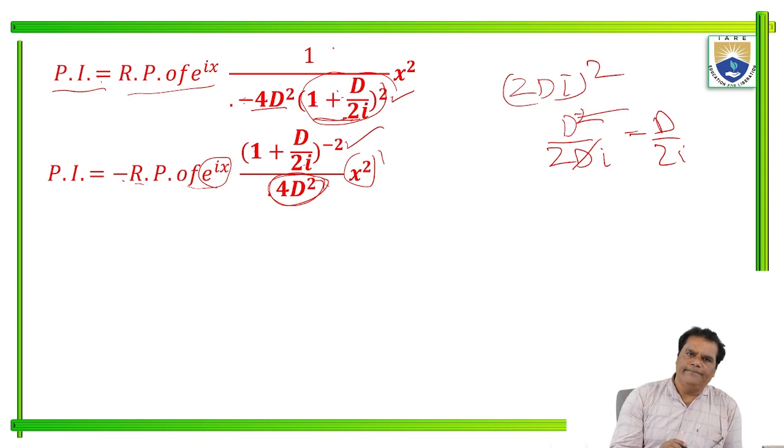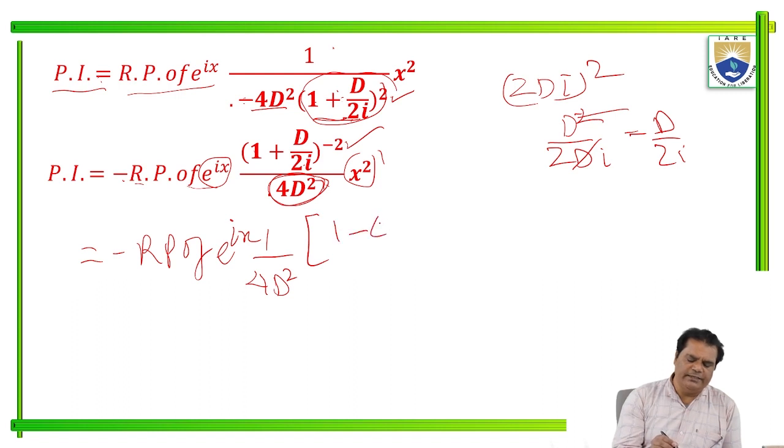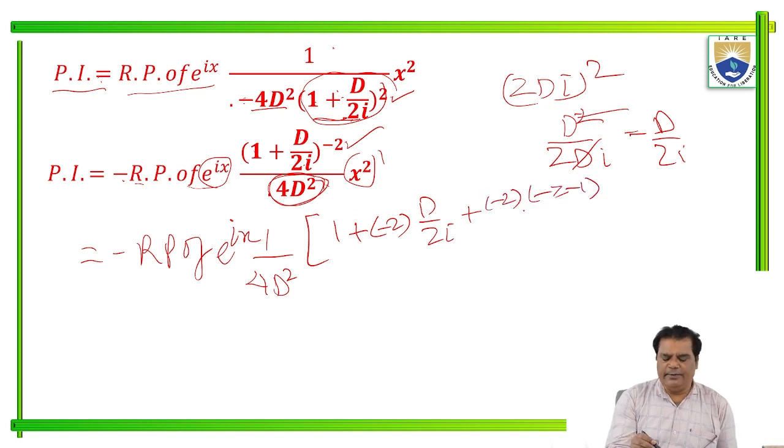So now this is minus Rp of e to the power ix upon 4d square, and opening this function: 1 plus minus 2 into d upon 2i, and plus minus 2 into minus 2 minus 1 upon factorial 2 into d square upon 4i square, and plus this.